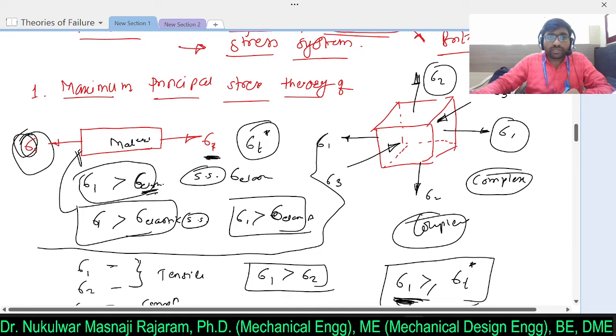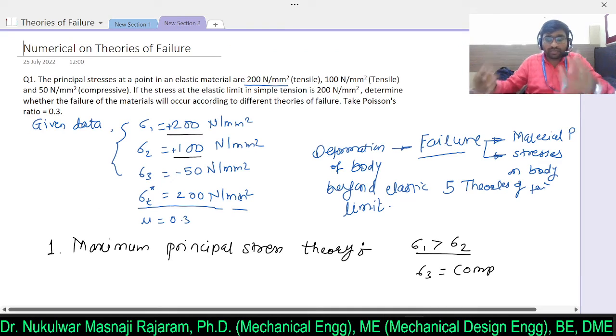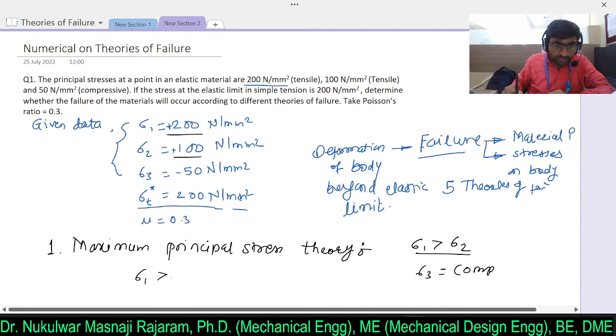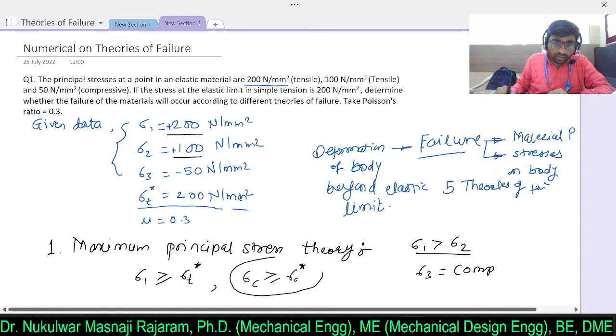Clear? So in that case, the material will fail when sigma 1 must be greater than or equal to sigma t star, or the compressive stress must be equal to or greater than the compressive stress up to the elastic limit. We cannot check this condition as the value of sigma c star, that is the stress in compression up to the elastic limit, is not given.